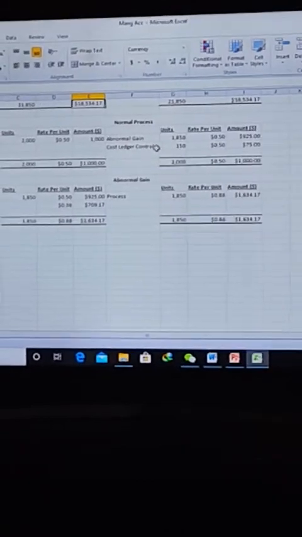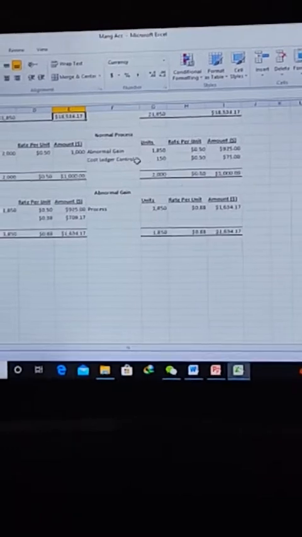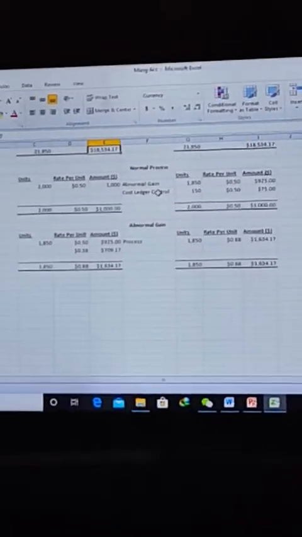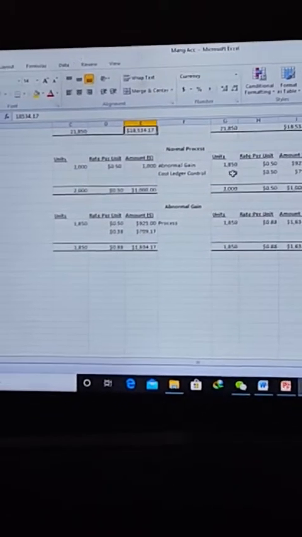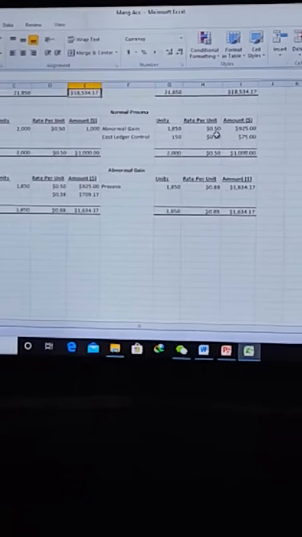So for this one, you can see that there's an abnormal gain which we had already done, which is question 3 in the test. But here you can see that the abnormal gain is 1,850 units at a rate per unit of 50 cents, which has a total amount of $925.